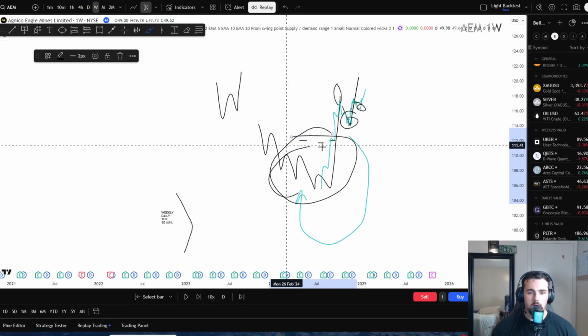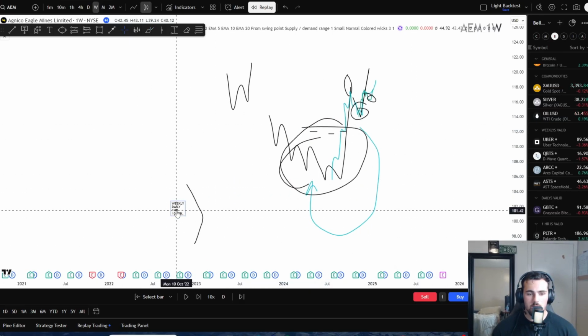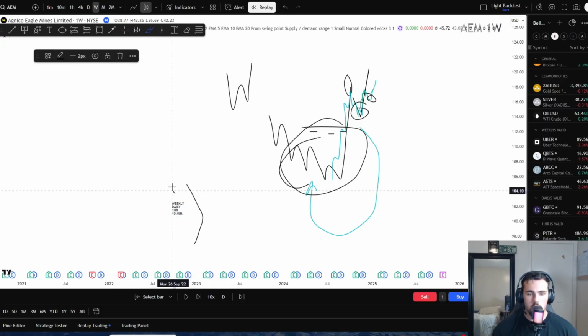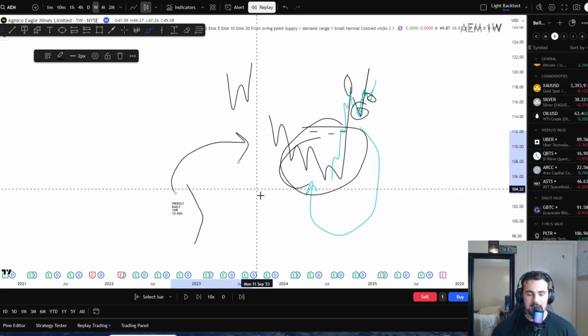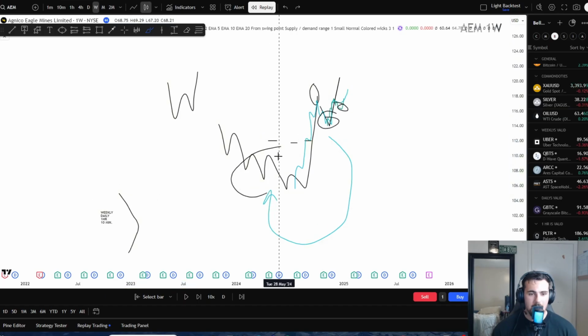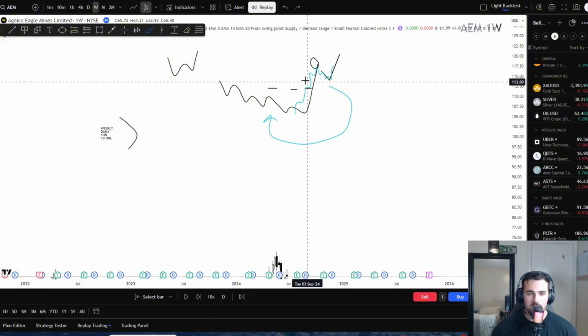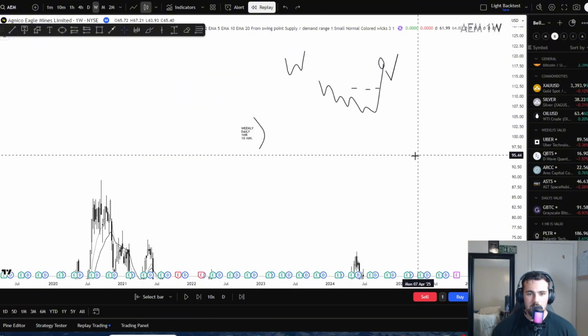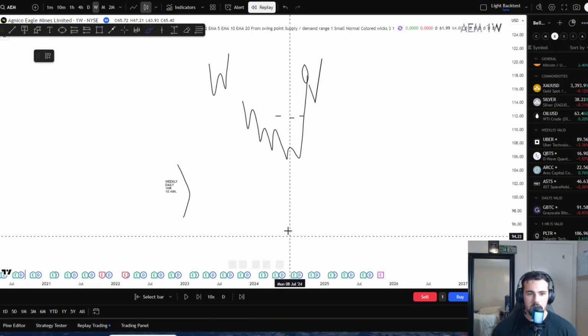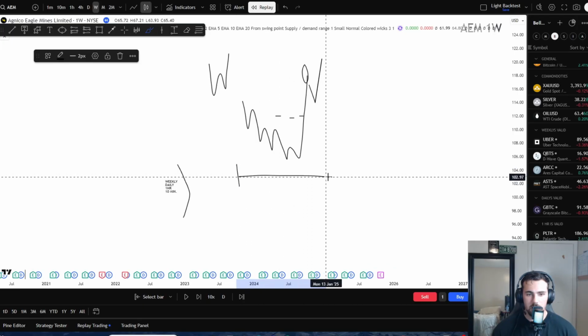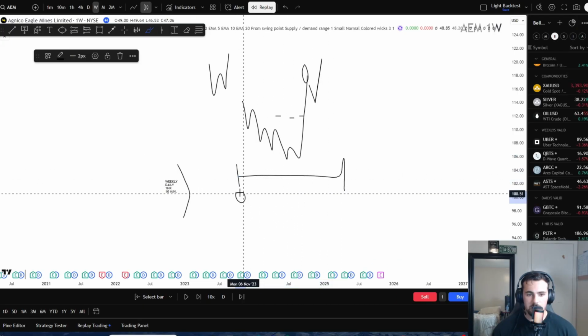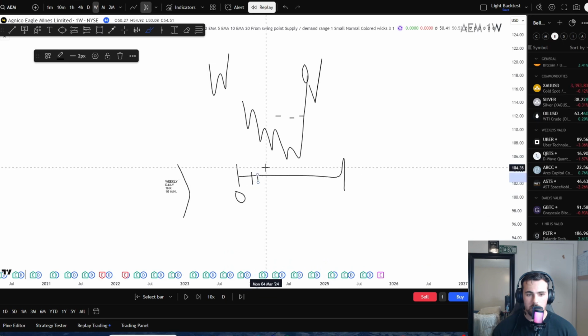Okay, so keep in mind the time frames we use are going to showcase how long a move like this can actually play out. Because if we go back to the very beginning where we just have the black structure here, if this move is all weekly candles, this could essentially be, if we have a line here, then you have 0 weeks, then 1 week, 2 weeks, 3 weeks, sorry, years.